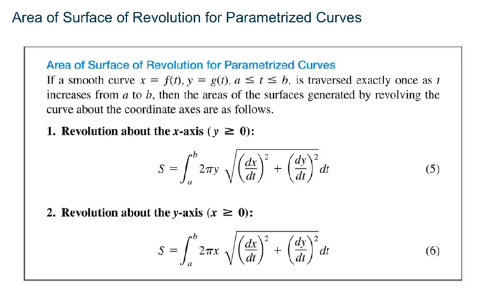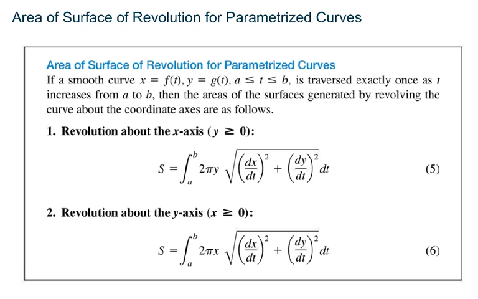If you look at our integrand, it's still 2 pi times the function y, and then the square root. Instead of 1 plus the derivative of y with respect to x, we have the derivative of x with respect to t squared plus the derivative of y with respect to t squared. And we still have our bounds, a to b.